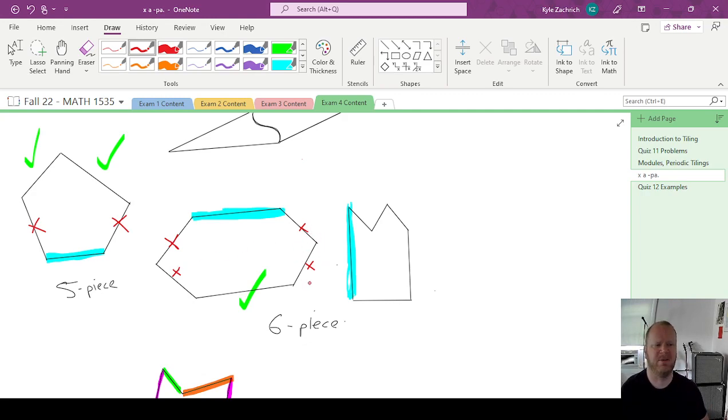So we want to achieve that same balance regardless of how big the pieces are. So I could count 1, 2 pieces over here and 1, 2 pieces over here. So it turns out this is actually the opposite side over here, right? Right, that is our opposite side over there. For a 5-piece, again, you can have 1 or 2 on either side of it as long as it's not touching. But for 6 pieces, we need to have 2 pieces on each side.